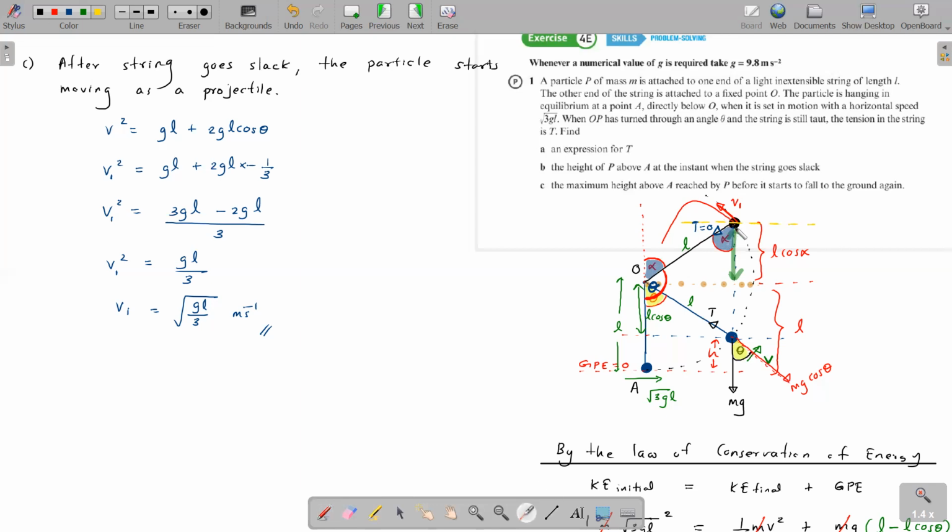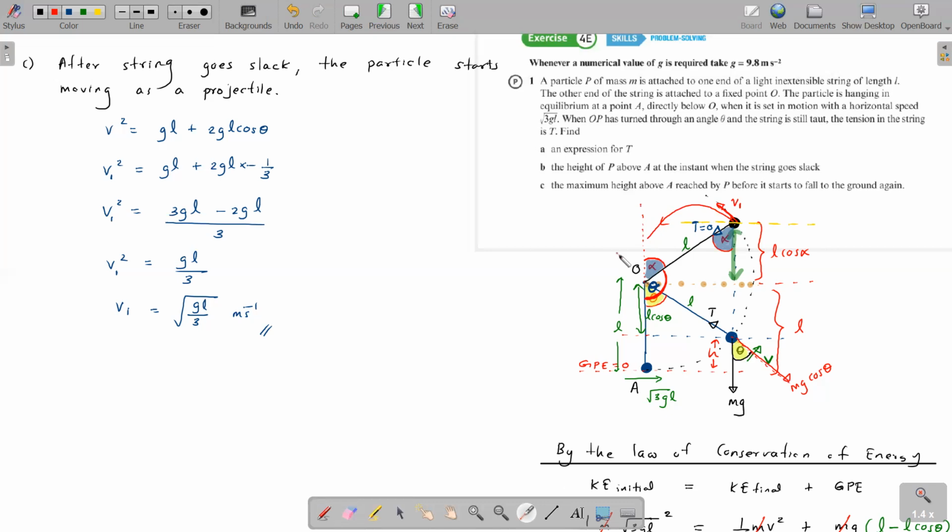As you can see, now it doesn't stick to the circular path, but it goes in this projectile path. It starts like this and comes down.